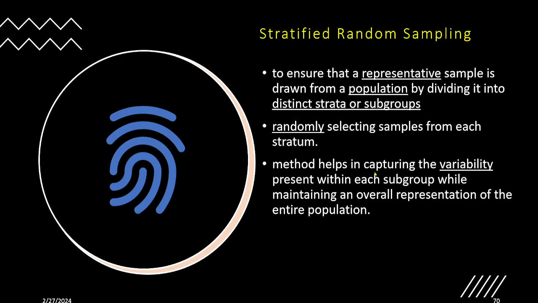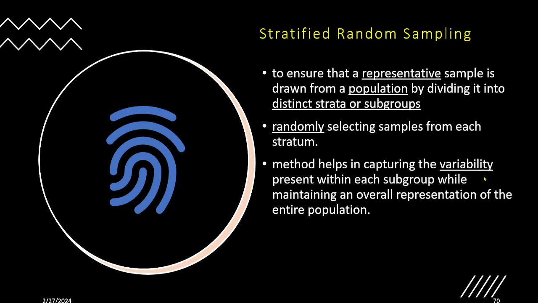The method helps in capturing the variability present in each subgroup. Let's say you have 10 subgroups in the data set, and stratified sampling will look at all the 10 subgroups and from each subgroup randomly pick the samples.